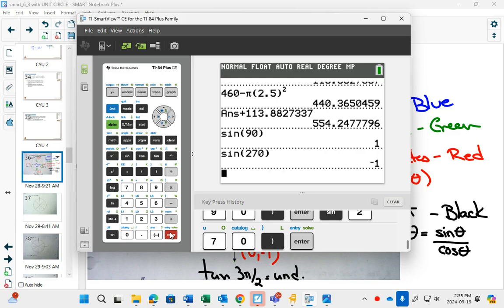The other one's 0. This doesn't really draw a triangle, so we have problems. But we still need to do math with angles like this as well. So then we define it by its circle. The x-coordinate is always cos, the y-coordinate is sine.